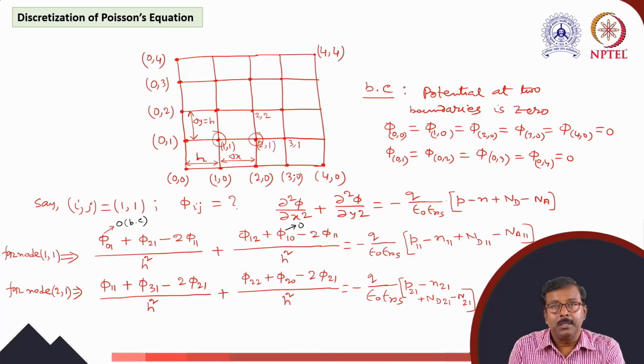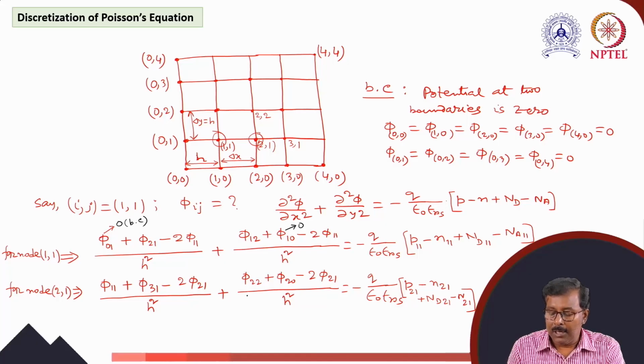But boundary conditions are required. So there are different techniques to solve these equations that will be discussed in a class by taking a specific example with some values of hole concentration, electron concentration at the nodes and at the boundaries.